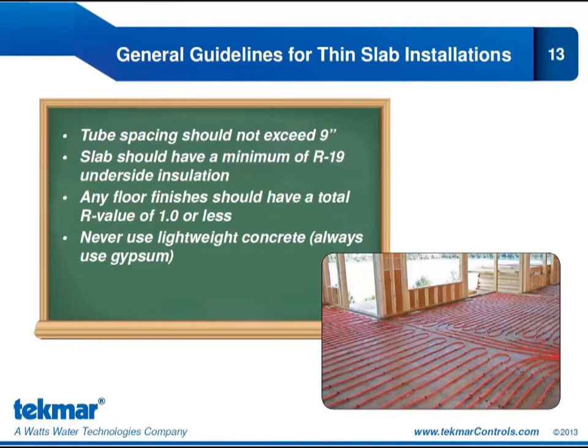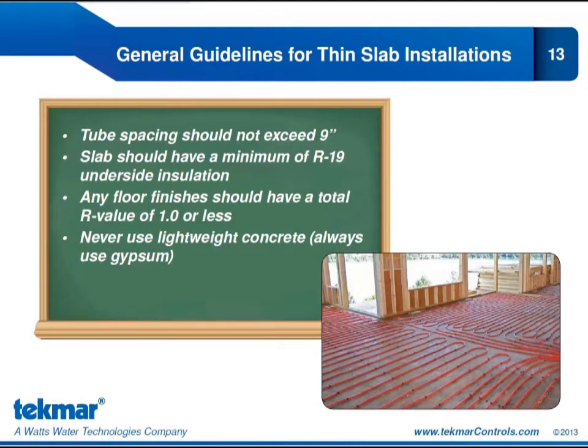And again, we want to make sure that if we are using floor finishes, they have an R value of 1 or less. And remember, the higher that R value, the more insulative it's going to be. And what we want is a system that radiates heat very efficiently and effectively. The other guideline is not to use lightweight concrete, always to use gypsum.